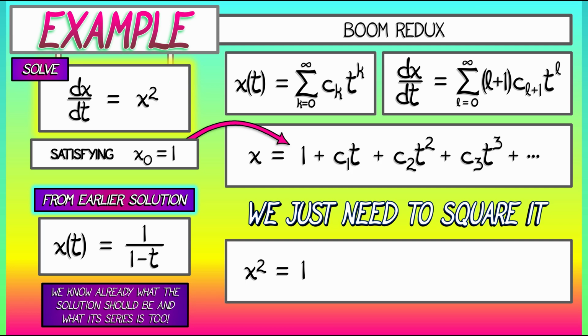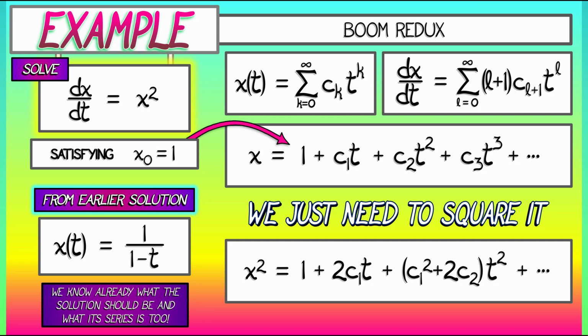That's going to be 2c1 times t. Okay, also not so bad. Now, the t squared term. Would you believe me if I told you that the coefficient in front of that was c1 squared plus 2 times c2? Maybe you do, maybe you don't. Check it, find out.